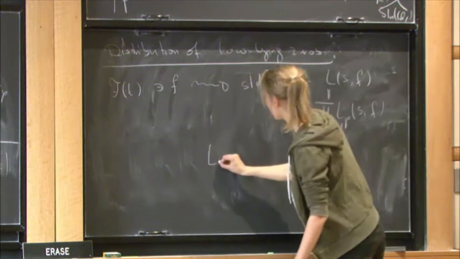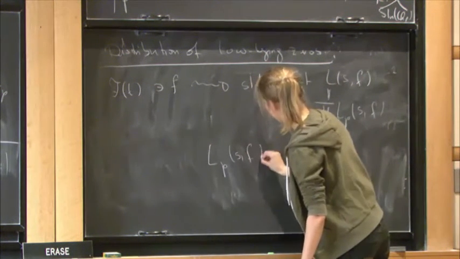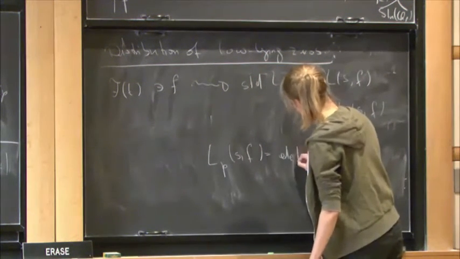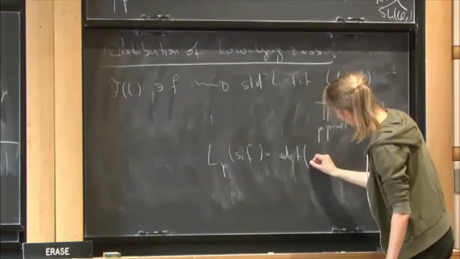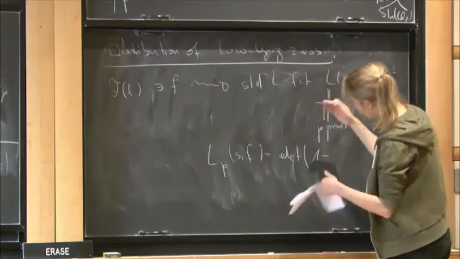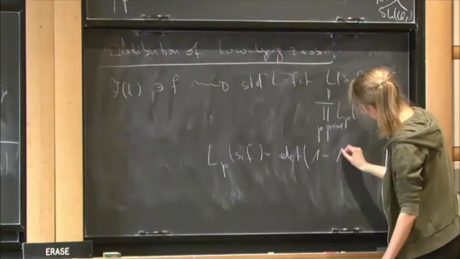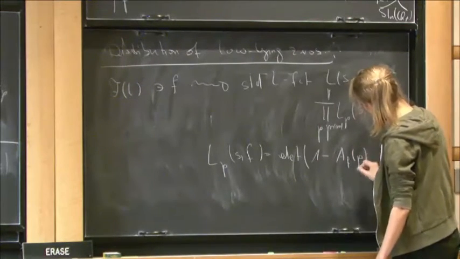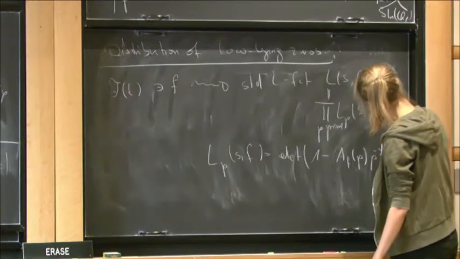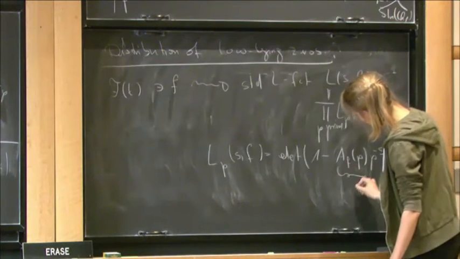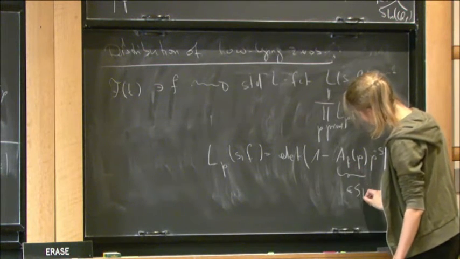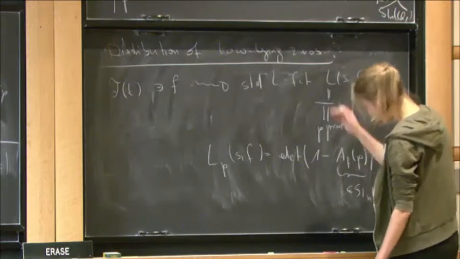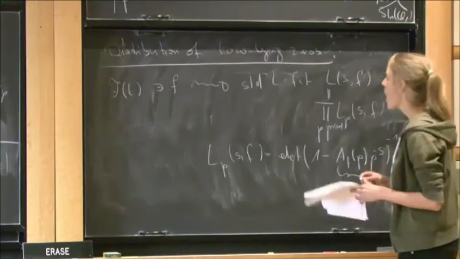And this L_p(s, F) can be defined in terms of the Sarnak parameters, so it's the determinant of the n by n matrix of 1 minus Sarnak parameter times p to the minus s, to the power -1, and we view the Sarnak parameter as an element in SL_n(C), just as a diagonal matrix.